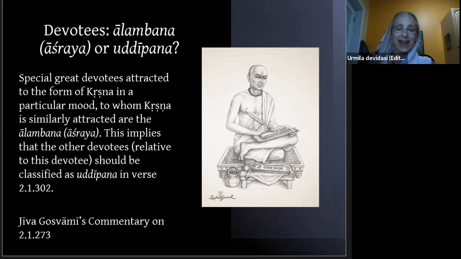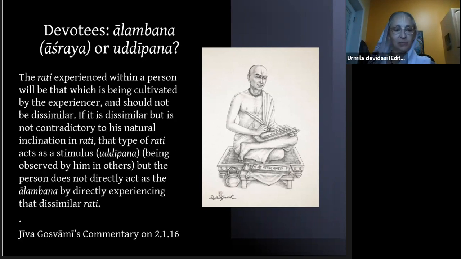Now, that's not an absolute demarcation, because here Jiva Goswami in 2.1.16 says it's possible for others to be Ashraya, but generally those who have other staibhavs act as udipanas, and those in the same staibhav as yourself act as alambana ashraya.